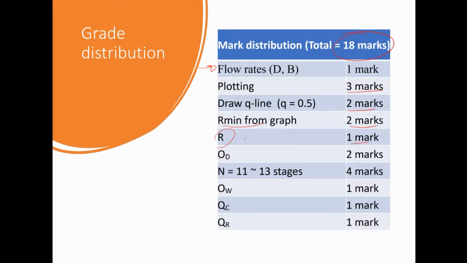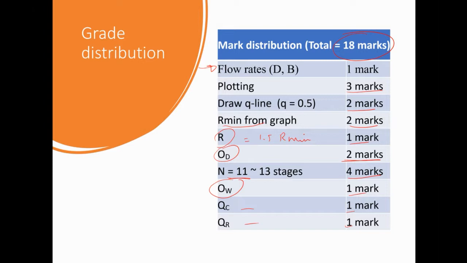R is 1 mark, which is just 1.5 R minimum. OD, the first point is 2 marks, because you need to use the equation. The NW, so the number of stages, is going to be 4 marks. OW is 1 mark, and then QC and QR 1 mark, 1 mark. Hopefully you learn from your mistake.